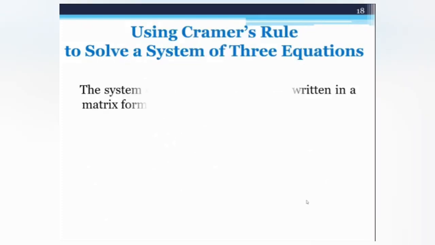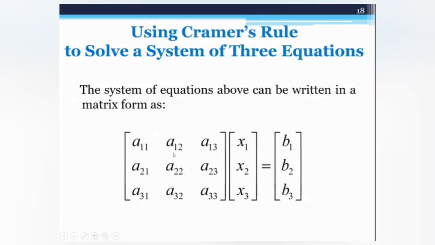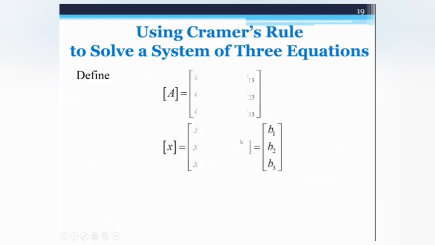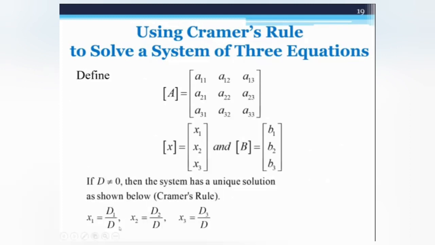From that we prepare the matrices A, X, and B. Now if we want to find the value of X1, then X1 is equal to D1 by D, X2 equal to D2 by D, and X3 equal to D3 by D. Now what are D, D1, D2, and D3? D is the determinant of your A matrix: A11, A12, A13, A21, A22, A23, A31, A32, A33.